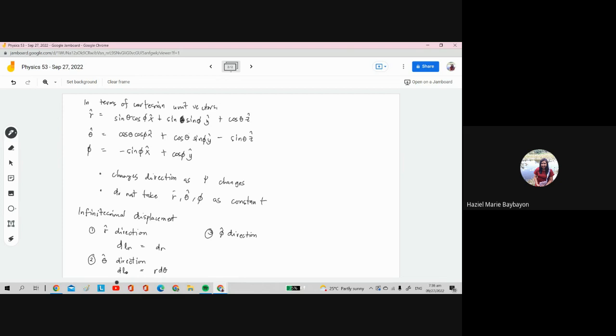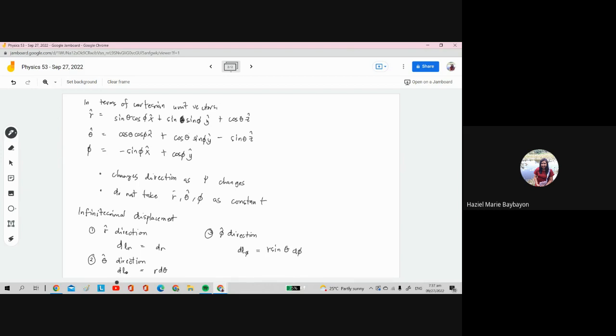And then for phi hat, kung naa kay murag hula hoop, for example, nga nasa imong hawak ang origin, it is tangent to that hula hoop. And it is also pointing to the maximum increase. All right, so it is expressed as dl phi, which is equal to r sine theta d phi.